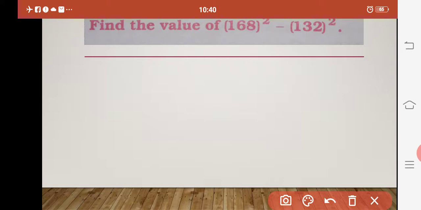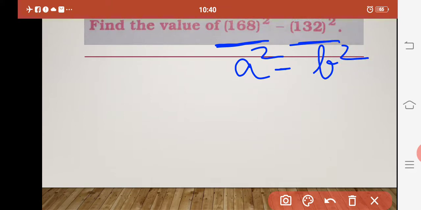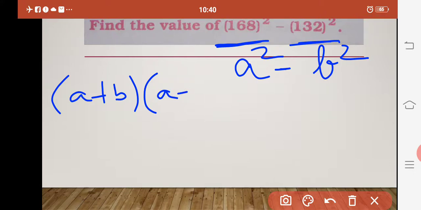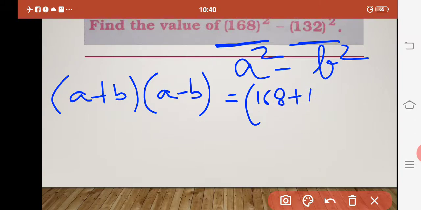Now next is 168 square minus 132 square. Again considering it as a square and this as b square, and following the same identity, (a plus b) multiplied by (a minus b), we will have a plus b as 168 plus 132 and a minus b as 168 minus 132.